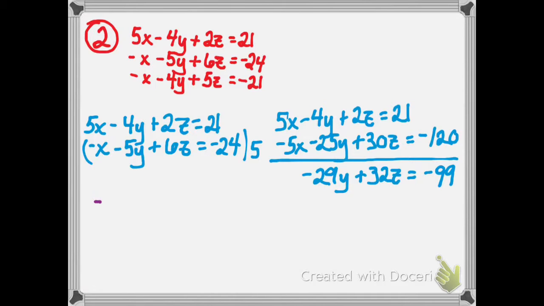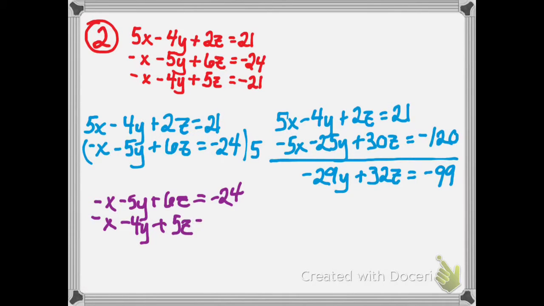So I have negative x minus 5y plus 6z equals negative 24. And then negative x minus 4y plus 5z equals negative 21. Again, you're looking for the same letter that you canceled in the other one, which is x. So in this case, you just need to subtract.